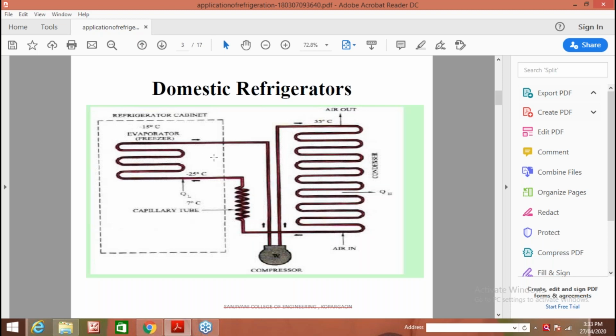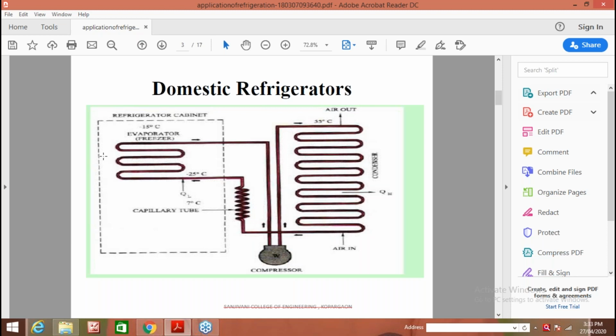The evaporator is generally near the freezer, the uppermost compartment, where the refrigerant comes inside the evaporator and takes heat from this upper compartment. So the temperature of this upper compartment is very low, and the refrigerant goes to the compressor for further processing.